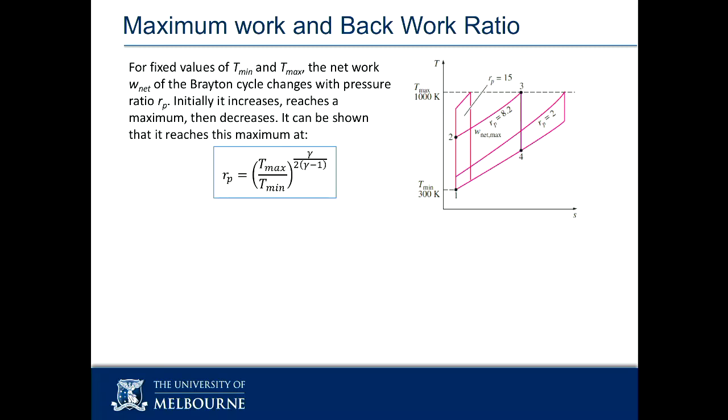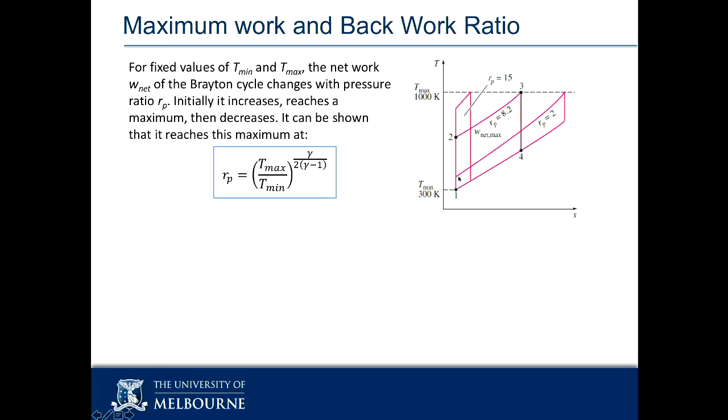Not only do we have a graph that shows that the ideal efficiency of the Brayton cycle keeps going up, it is also possible, as you set the pressure ratio for a fixed temperature difference, you are setting the amount of work that comes out. And what's interesting, or at least what's interesting to me, is that it doesn't keep increasing into infinity. There is a peak for the amount of work that comes out.